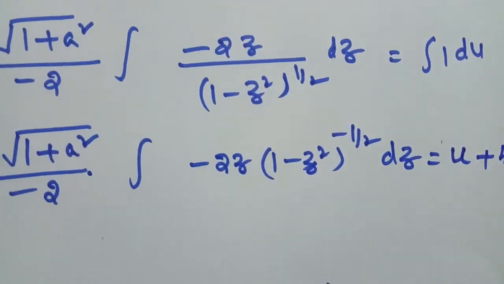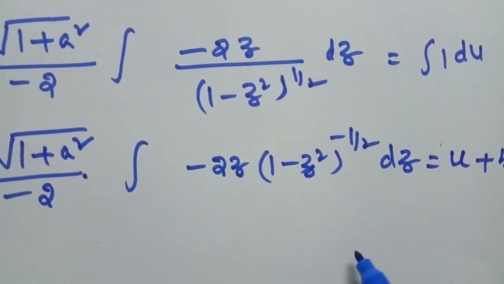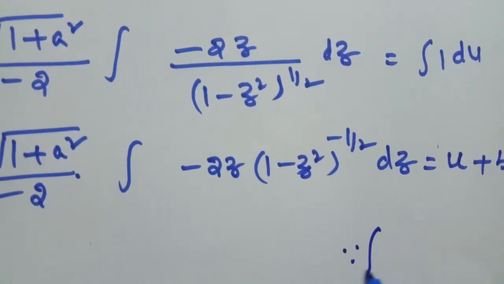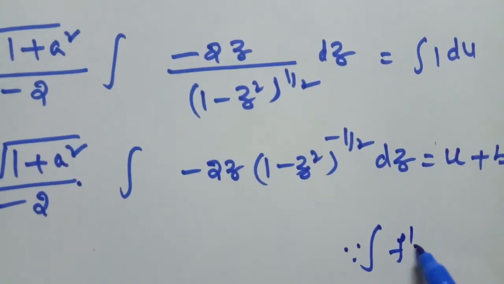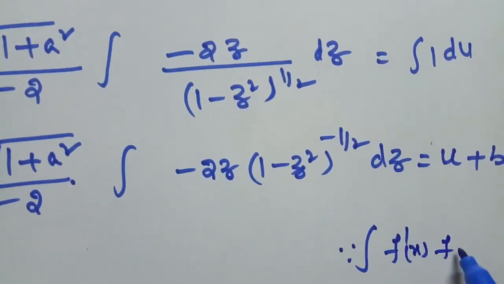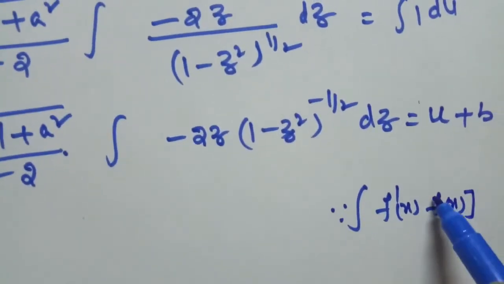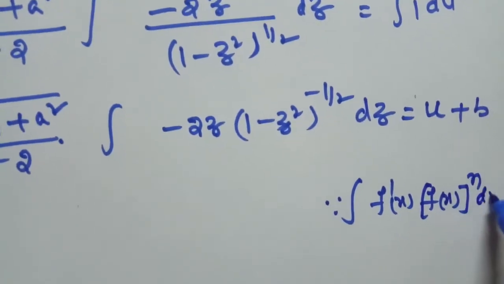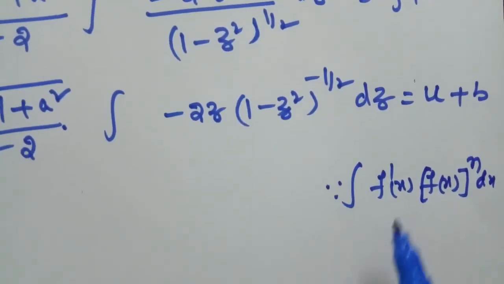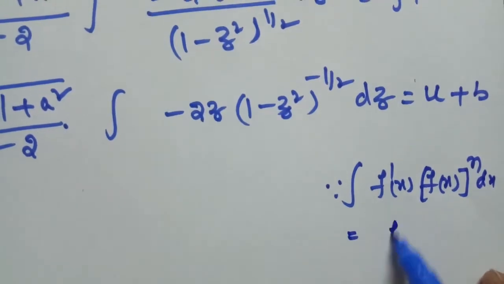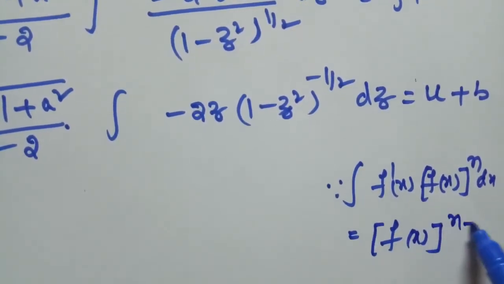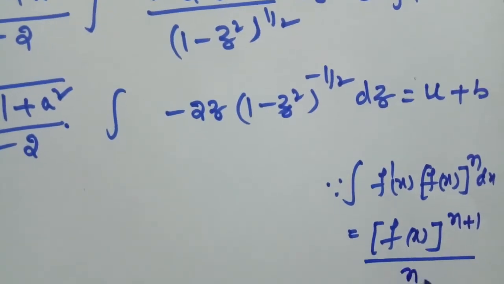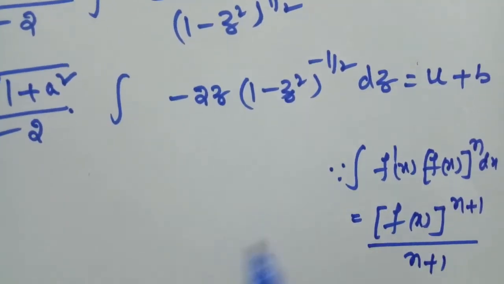Therefore, this is of the form integration of f dash of x into f of x whole power n. Therefore, this integration is equal to f of x whole to the power of n plus 1 by n plus 1.